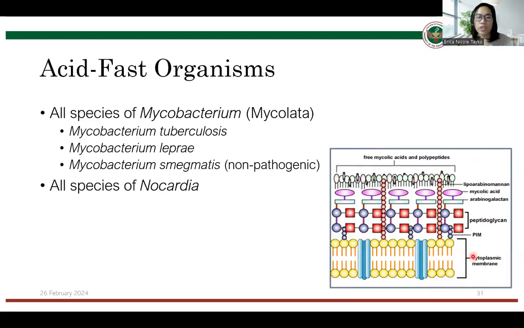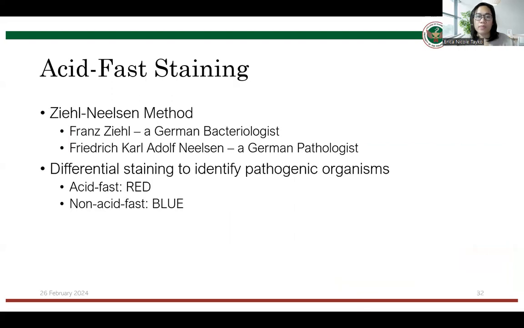So this picture just shows us, aside from the presence of peptidoglycan in the cell wall, so sa bandang outer part, there's also the presence of your mycolic acids, another wax-like substances that contributes to the adherence of your stains.